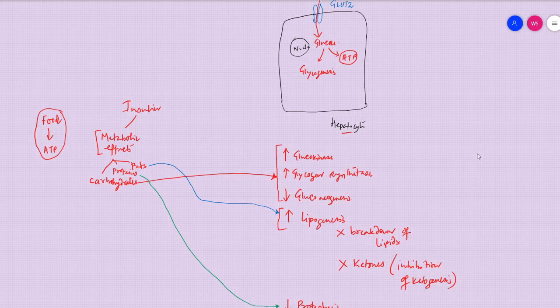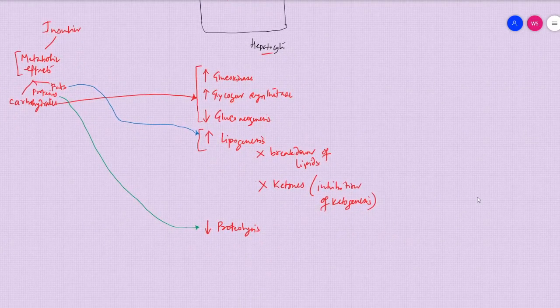What we observe again here is that there is increased lipogenesis, so there is production of lipids and decreased proteolysis, but it stimulates production of proteins.